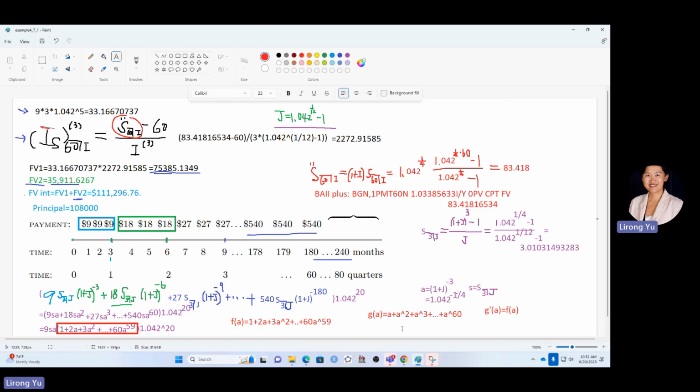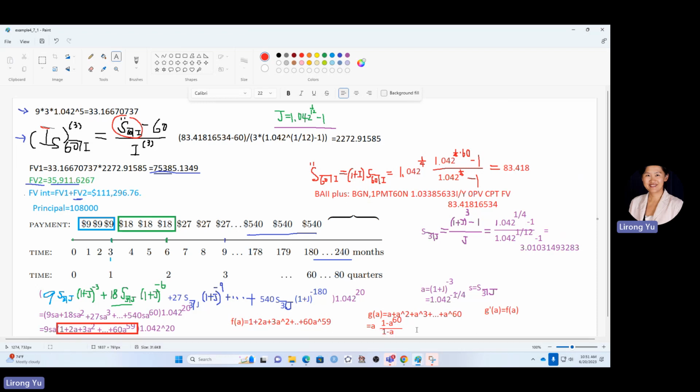Now using a little bit of geometry, this is a partial sum of a geometric series, so it's A times 1 plus A squared plus up to A to the 59. That summation is 1 minus A to the power of 60, divided by 1 minus A. This is based on the partial sum for a geometric series.